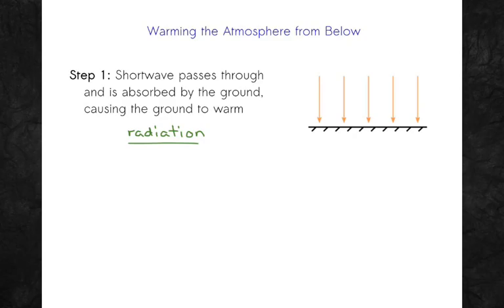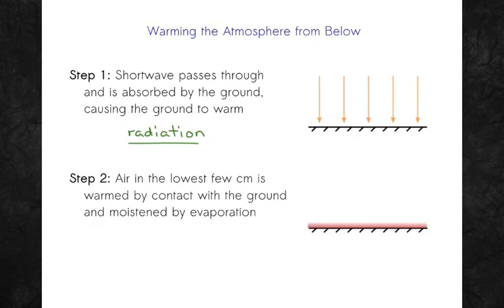Now, as a result, the ground starts to warm up. So step two is as the ground warms up, the air immediately in contact with the ground starts to warm up as well. This is happening through direct contact, through the motion of the individual molecules bouncing around, being in contact with the warmer ground, and then little by little transferring that heat upwards into the atmosphere. But if you remember, the atmosphere is not very good at doing that.